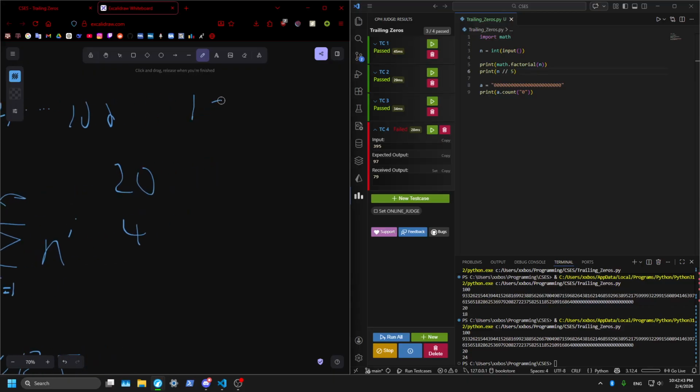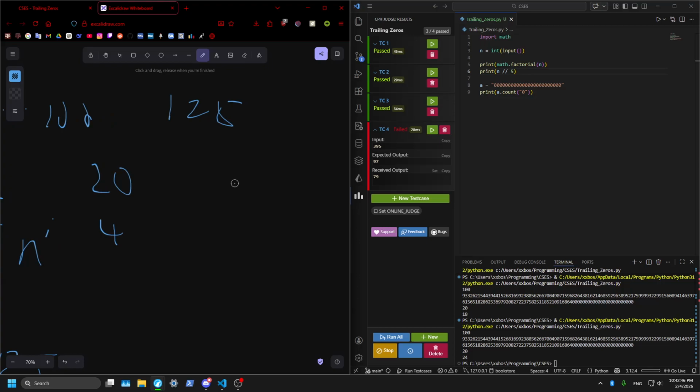So the next number would be 125. 125 divided by 5 is 25.